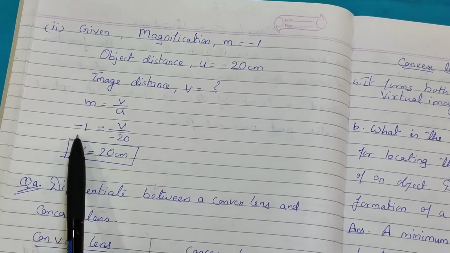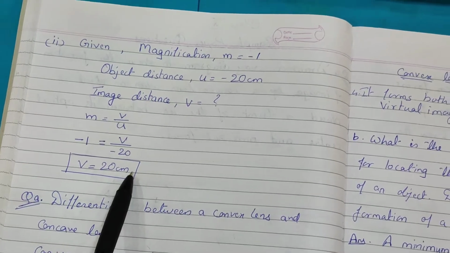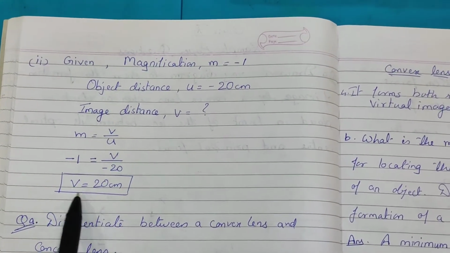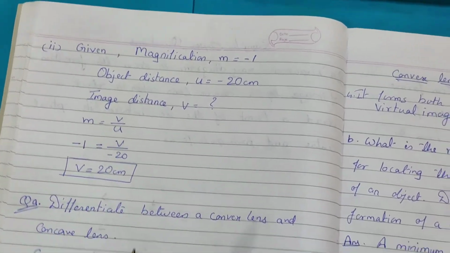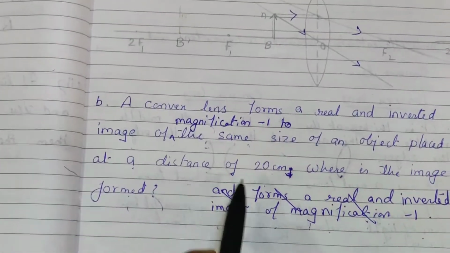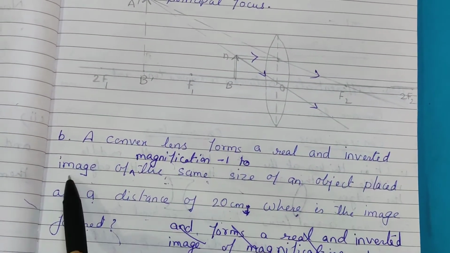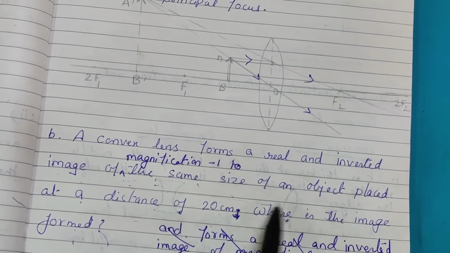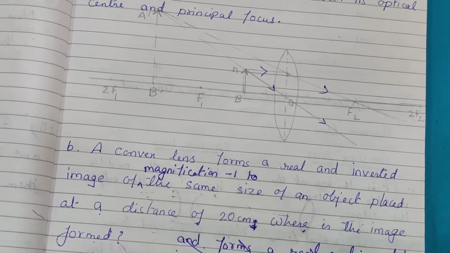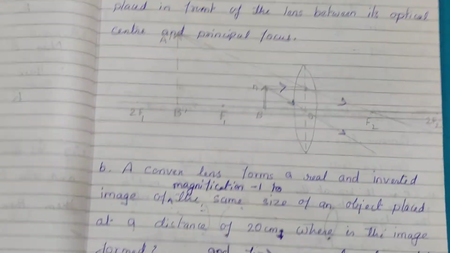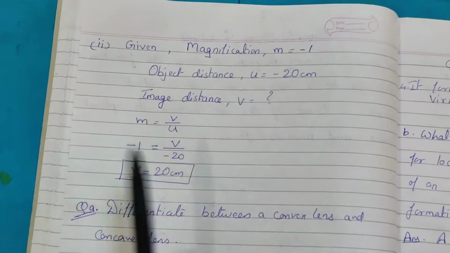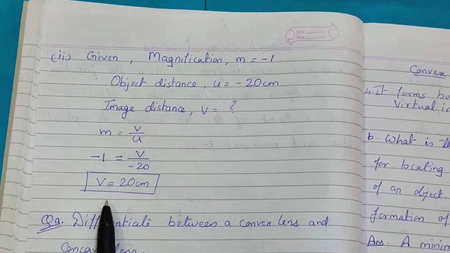Cross multiply, v equals 1 into 20 cm. So the image is formed at a distance of 20 cm. See here, real and inverted image of magnification -1, the same size as the object. The size is also the same, the distance is also the same here. See, v equals 20 cm.